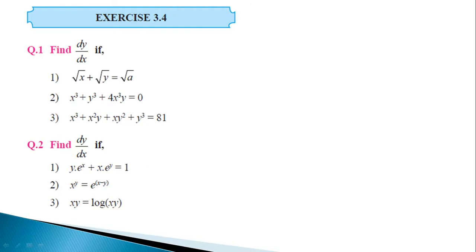Similarly, x cube plus y cube plus 4x cube y is equal to 0, or x cube plus x square y plus xy square plus y cube is equal to 81. All these three are also implicit functions. Here we only have to study how to take the derivative of an implicit function. All the rules of derivatives are the same, with no change; we just have to use them for implicit functions.